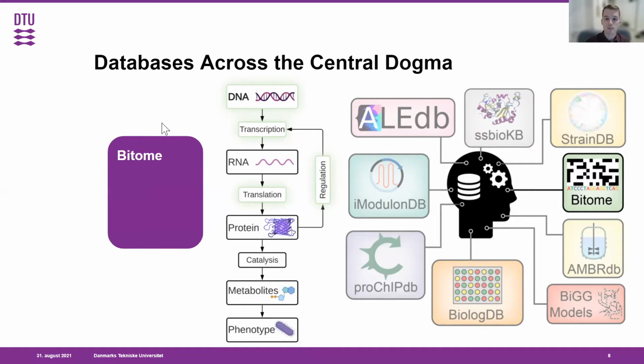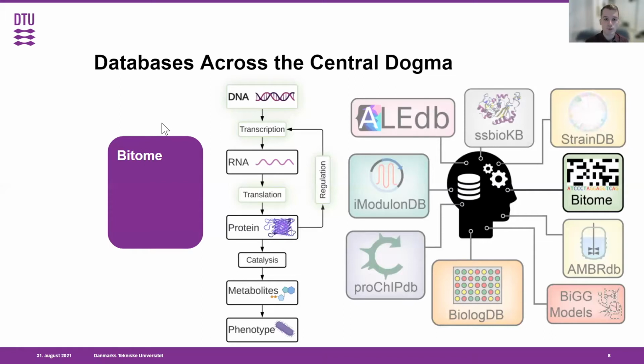So for instance, is this letter an A? Yes or no? Does this protein bind there? Yes or no? And so with all of this binary information, you can actually train machine learning models to predict things like gene expression, and you can easily build a bitome for a new genome if you'd like.